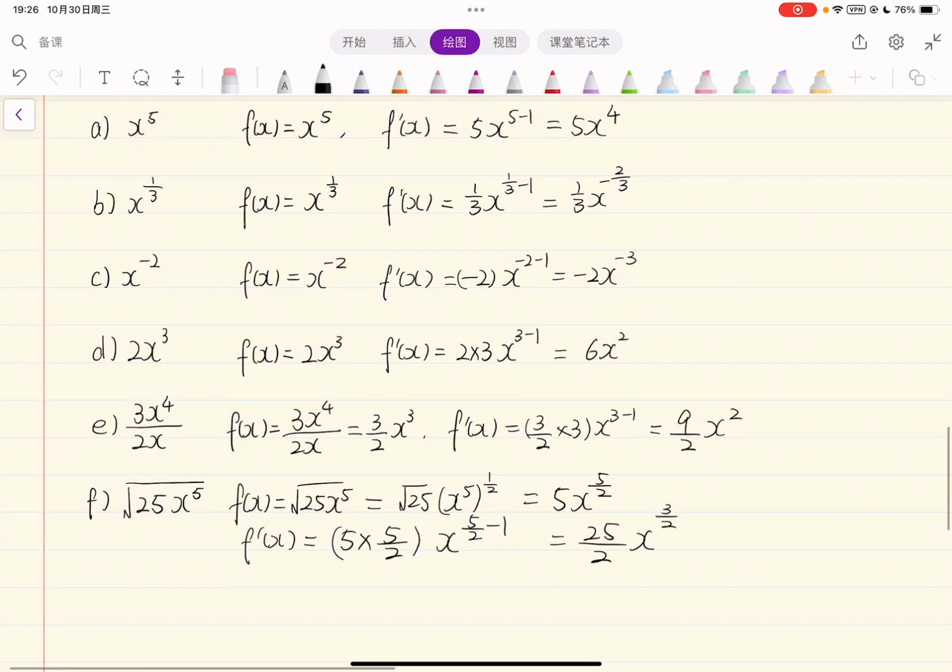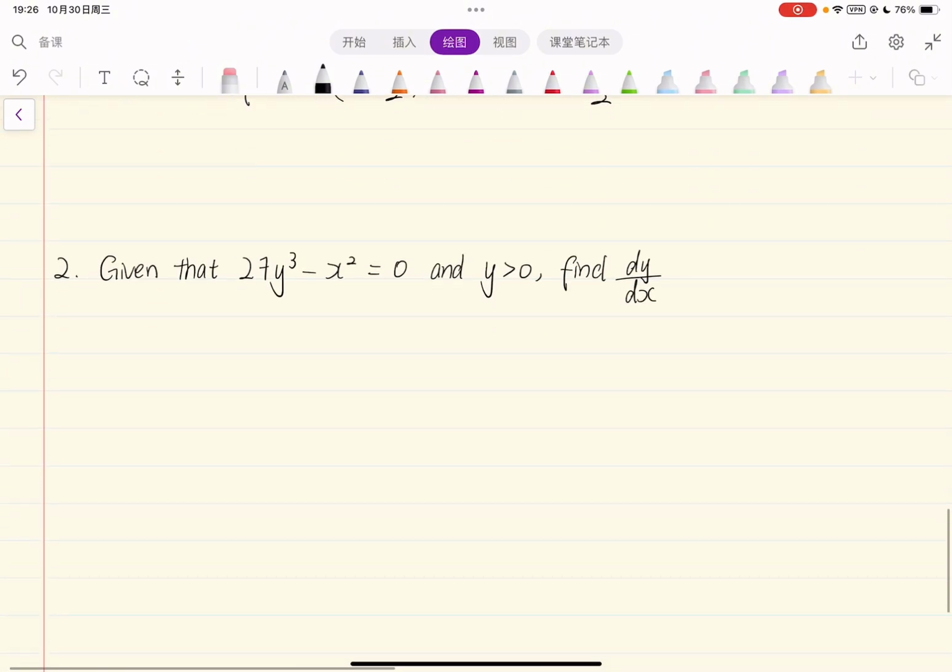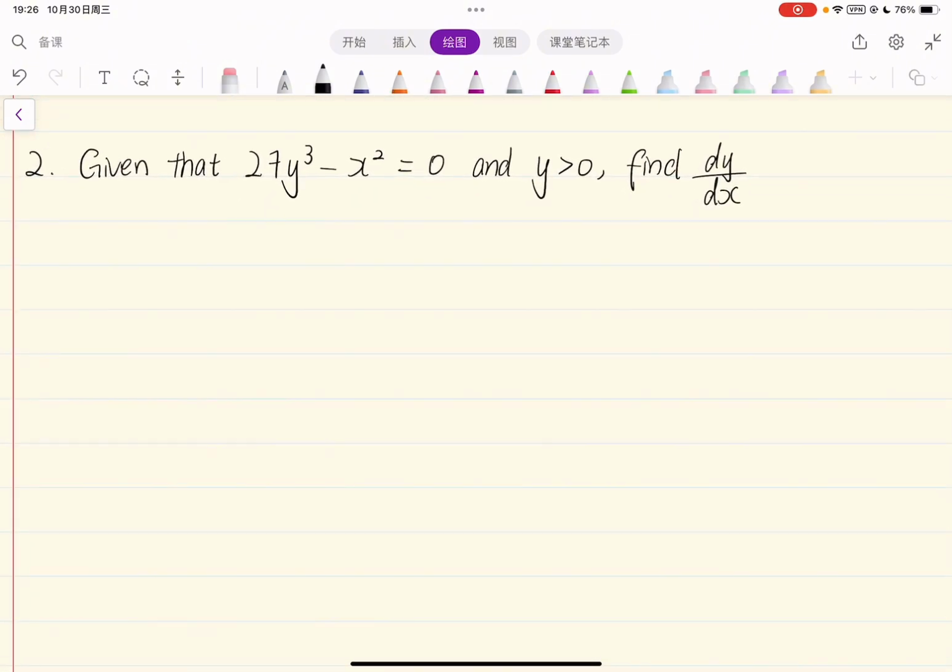Now let us see question 2. Given that 27 times y cubed minus x squared equals 0 and y greater than 0, find the derivative dy over dx. Firstly, we need to write down the expression of y.